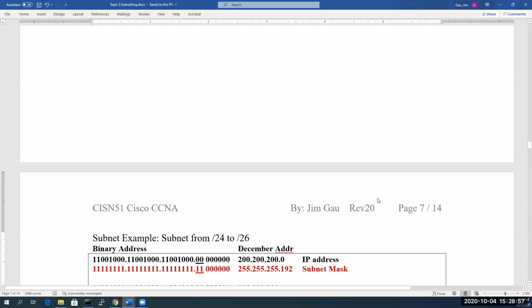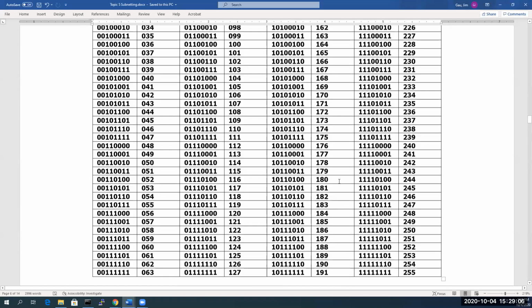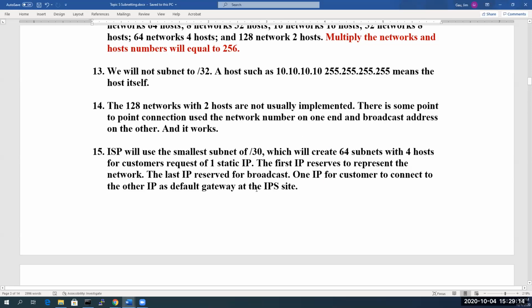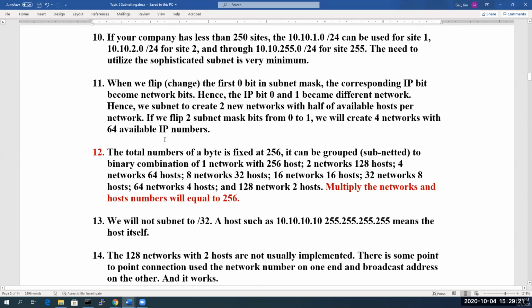All right, so let's go back to the discussion of, I believe we are on the bullet number 11.